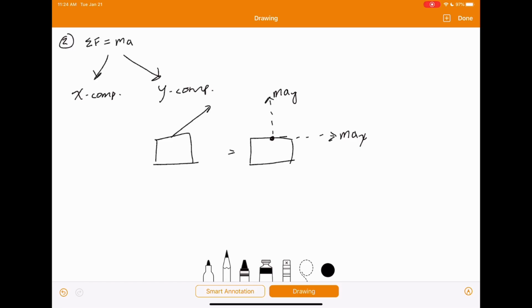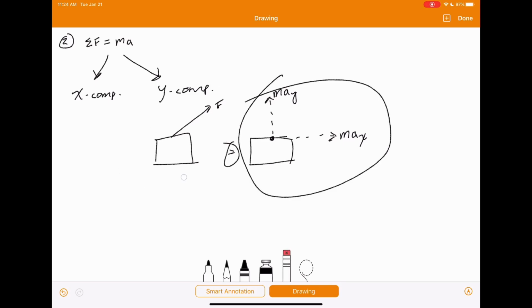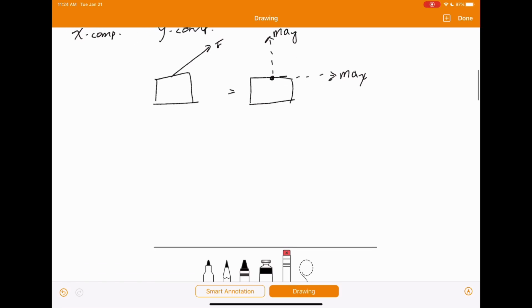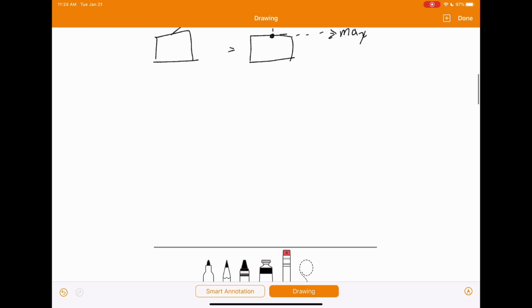So F equals ma. And so you can actually draw a free body diagram and then your acceleration diagram, and then just solve for your unknowns, whatever you're looking for.